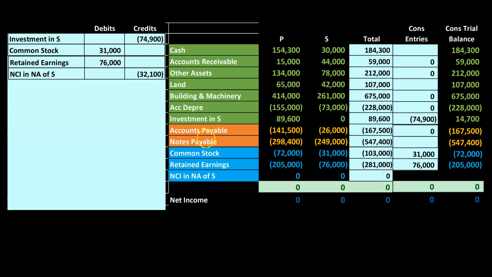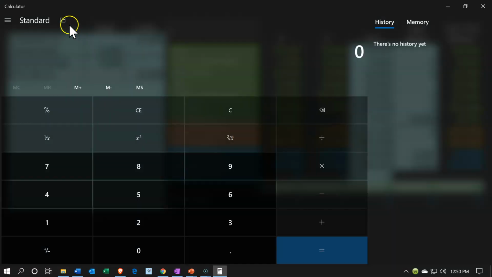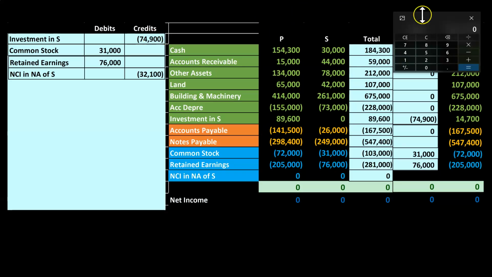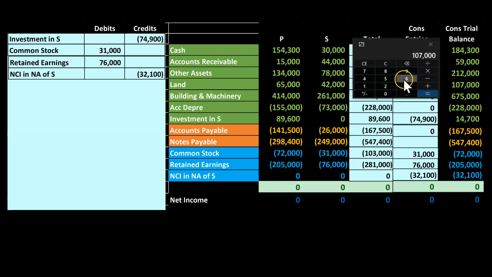How would we get to that? Well, this stands for non-controlling interest in the net assets. So if I was to pull up the trusty calculator and take a look at the net assets, which you can calculate as assets minus the liabilities, or if you're just taking the equity section, we could just take the 31,000 plus the 76,000 times, and we said that the non-controlling interest will be 30% because the controlling interest was 70%.